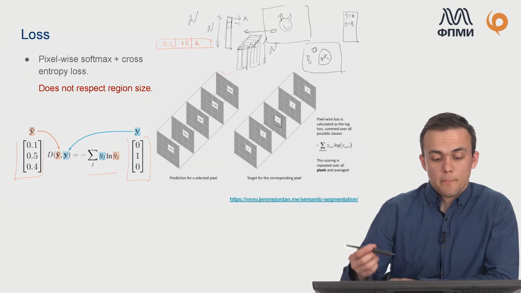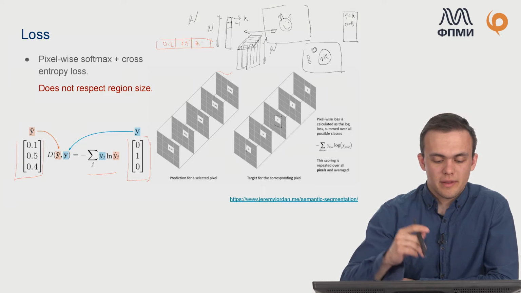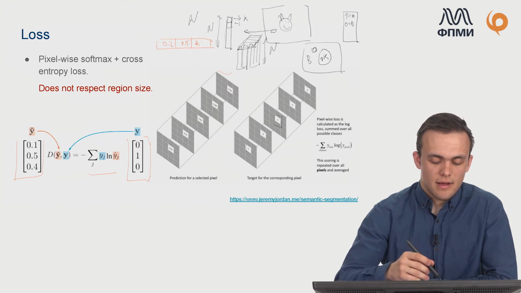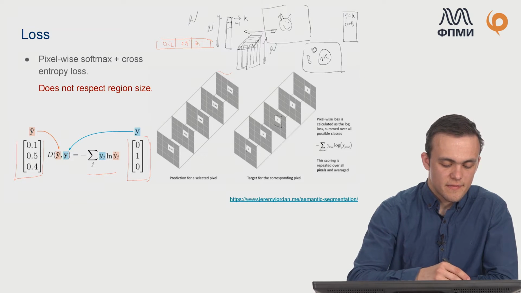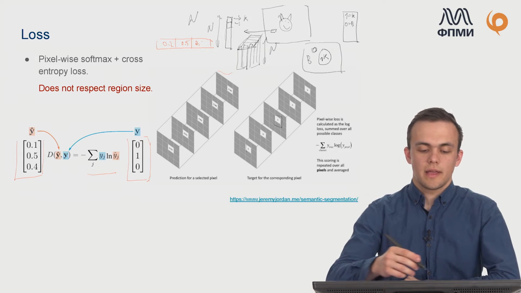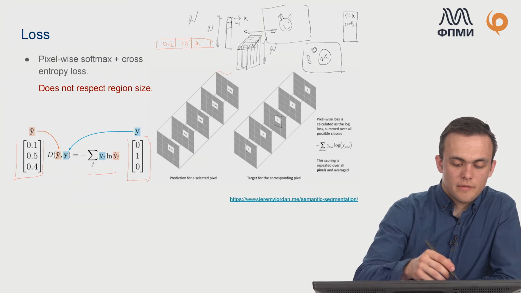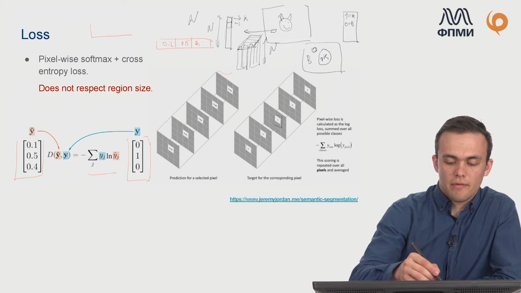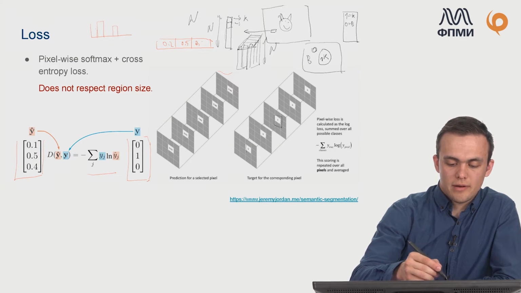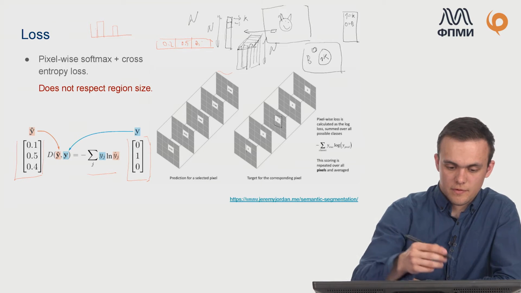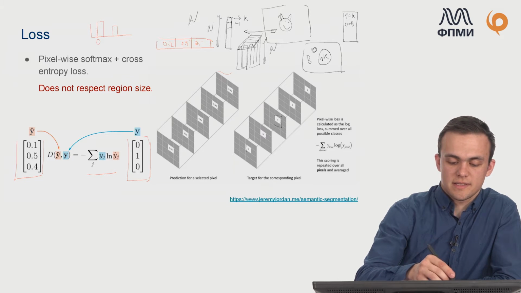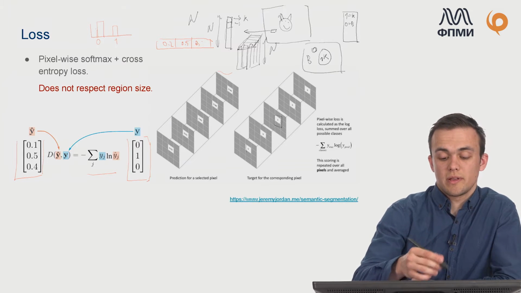If you're not so familiar with cross-entropy loss, basically it determines how similar these vectors are in terms of probabilities. For example, if you have a coin and you know that in one half of tosses it will be 0, and in one half it will be 1.